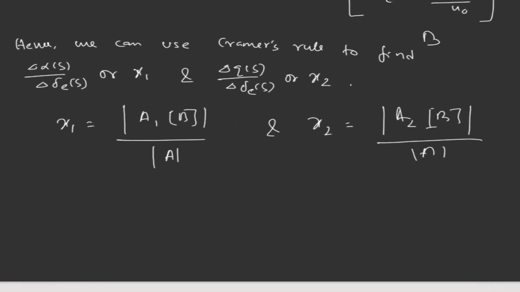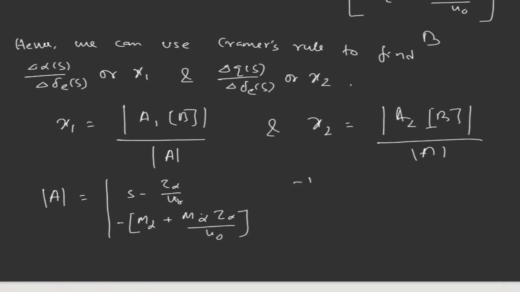So let's first find the determinant A. Here it is S minus g alpha divided by u naught, minus 1, minus m alpha plus m alpha dot g alpha divided by u naught, and the fourth term S minus mq plus m alpha dot.